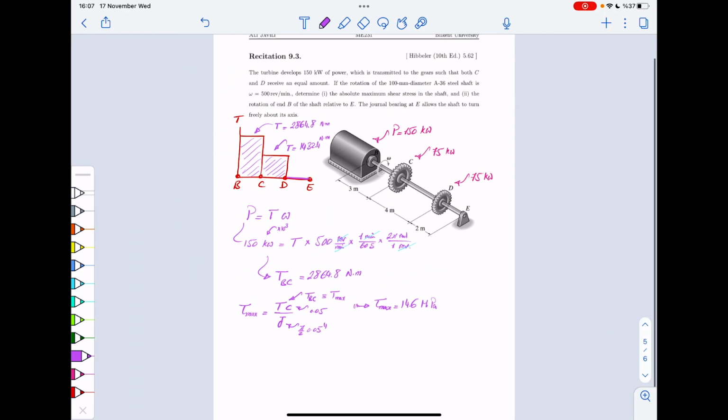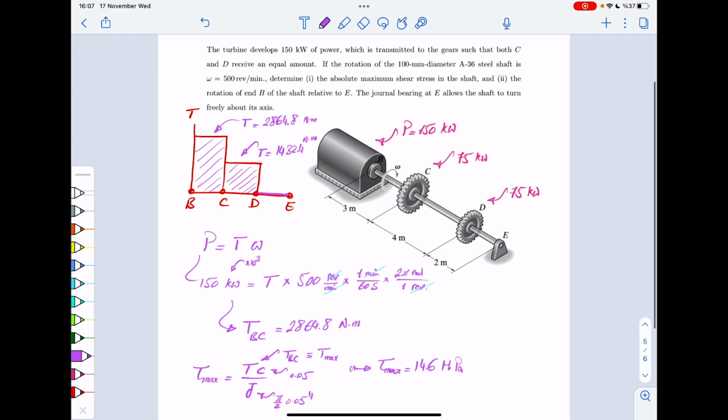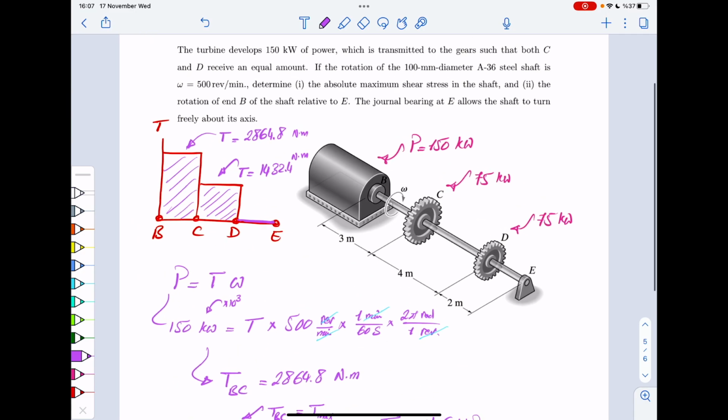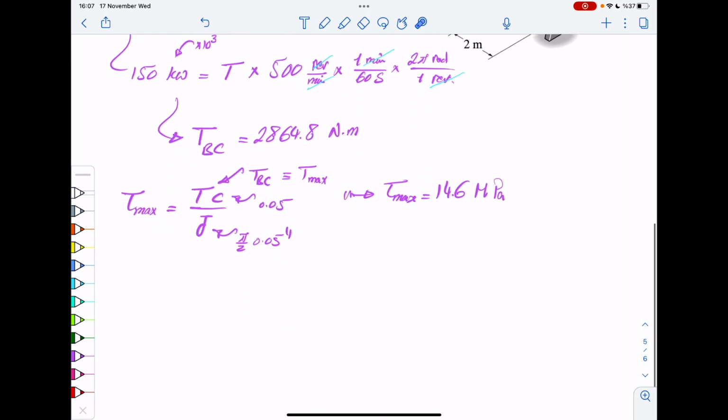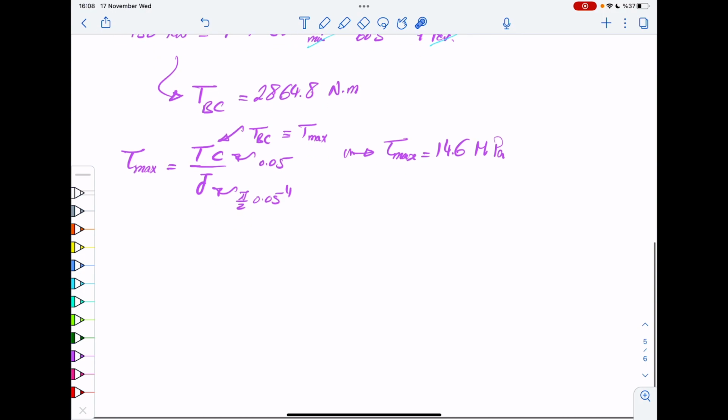It asks you to calculate the maximum shear stress. In the second part, it asks you to compute the rotation of end B with respect to E. Okay, so basically the angle of twist in the shaft. For this, we remind ourselves of the formula we had for the angle of twist.